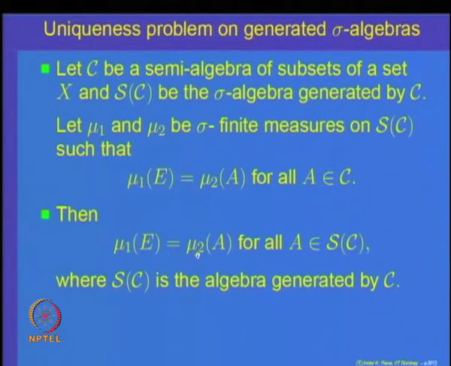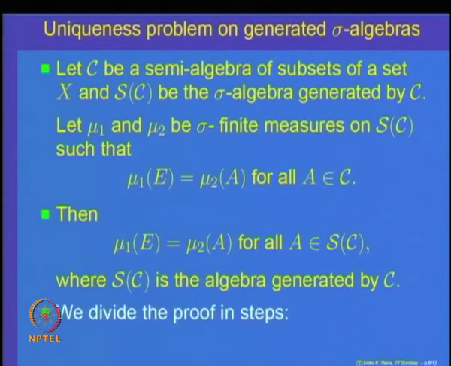Then mu 1 of A is equal to mu 2 of A for all A belonging to S of C, where S of C is the sigma algebra generated by C. Let me state this, and we will divide the proof into steps, of course.